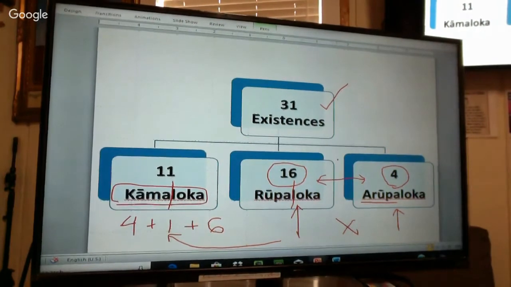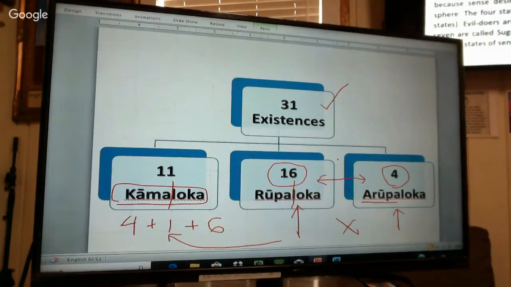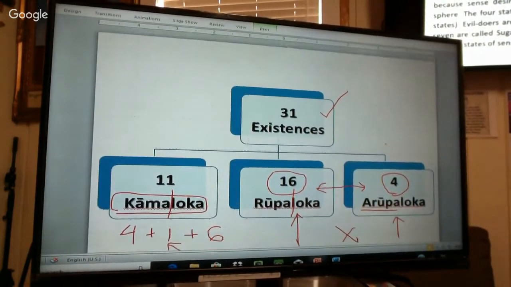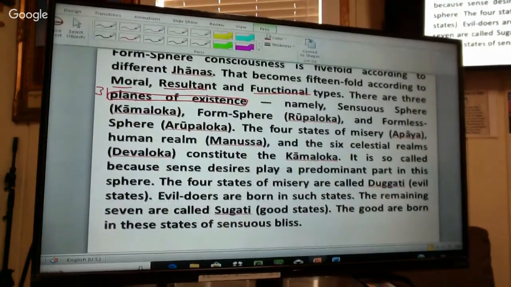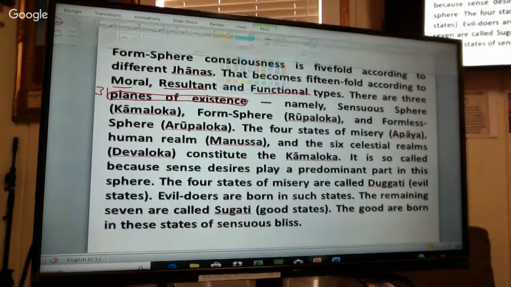So we have three kinds of spheres: Kama Loka, sense sphere; Rupa Loka, form sphere; and Arupa Loka, formless sphere. The four states of misery are apaya.